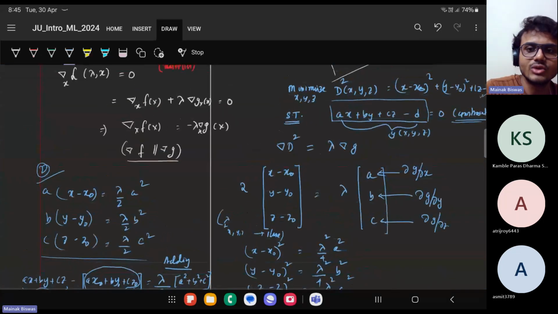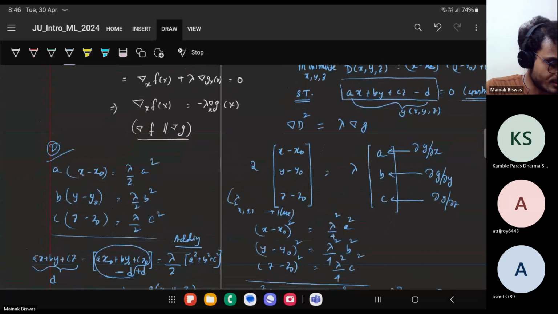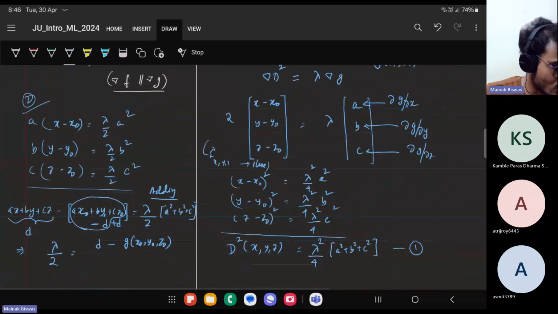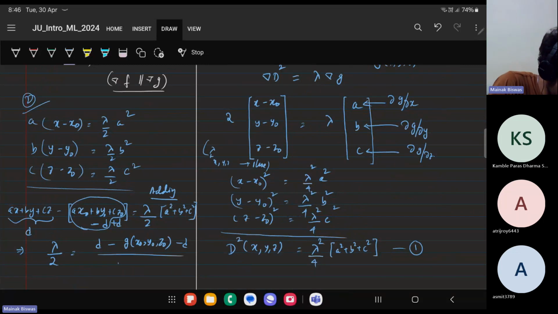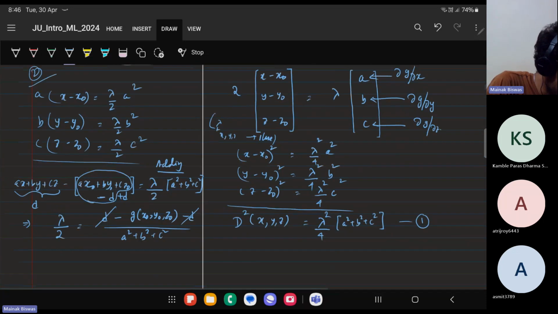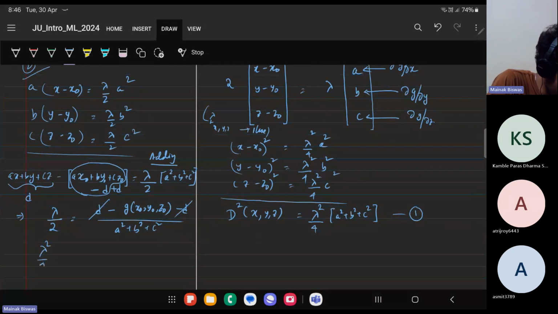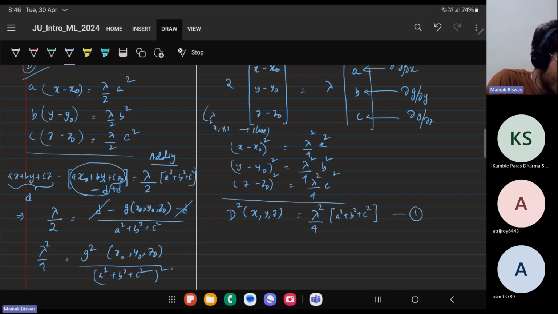I'm taking the d. Some books will not take the d. Your class 11 and 12 will also not take the d. So d minus this by a square plus b square plus c square. D is cancelled. Therefore, lambda square by 4 is equal to g square x naught y naught z naught. Okay, I'll just put the value over here.